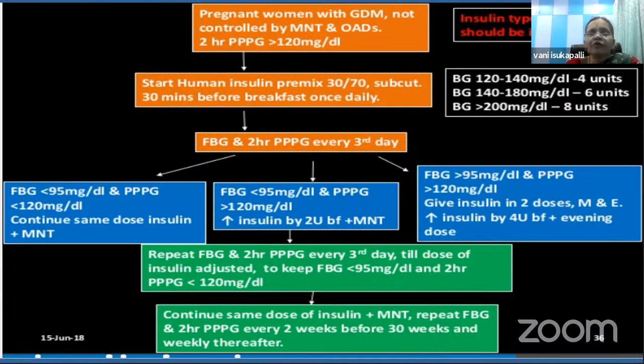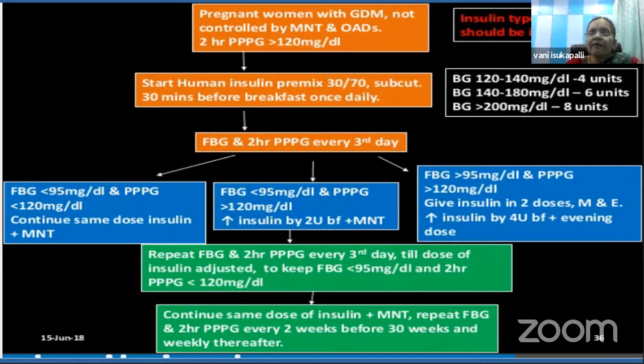So that is the format which has to be used. Subcutaneous 30 minutes before breakfast. So that is the initial dose that is advised. And this dose depends on what is the blood sugar. If it is between 120 to 140, 2. Between 140 to 180, 6. If it is more than 200, 8. So that is the values of insulin which is recommended.